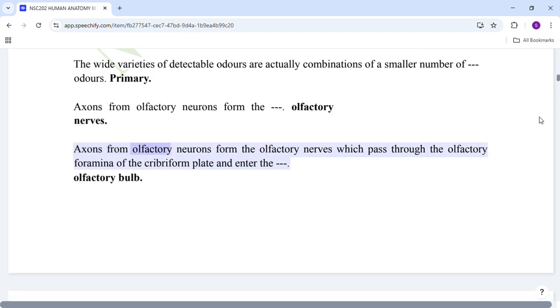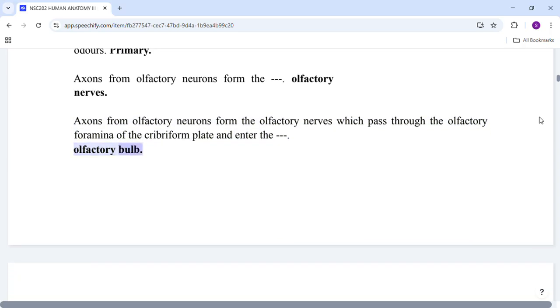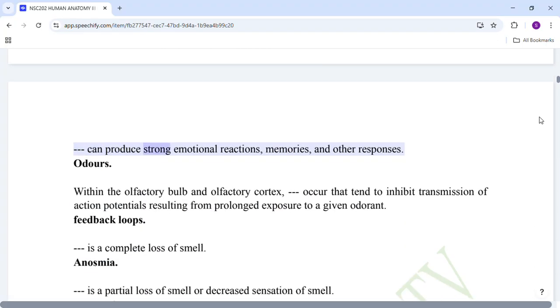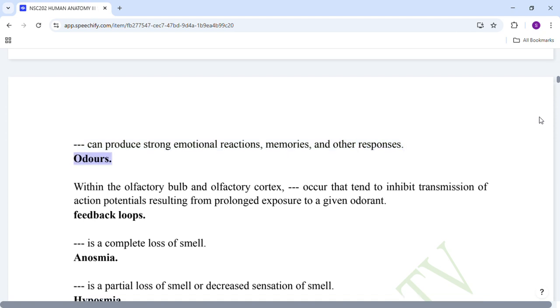Axons from olfactory neurons form the olfactory nerves, which pass through the olfactory foramina of the cribriform plate and enter the olfactory bulb. Odors can produce strong emotional reactions, memories, and other responses.